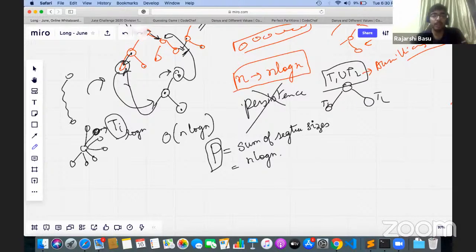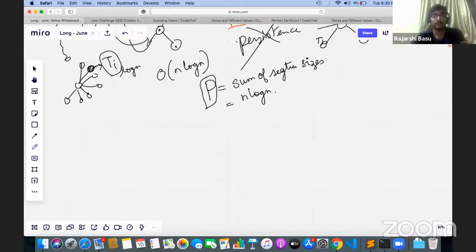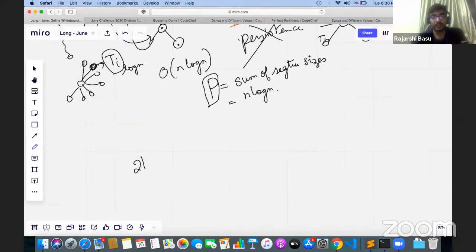Now what happens when you merge two segment trees? Every time you travel two corresponding nodes, you merge them into one, right? So when you travel two nodes, you merge them into one.